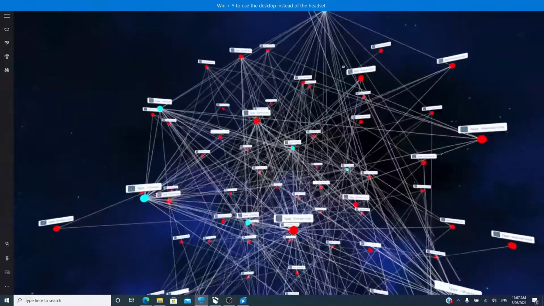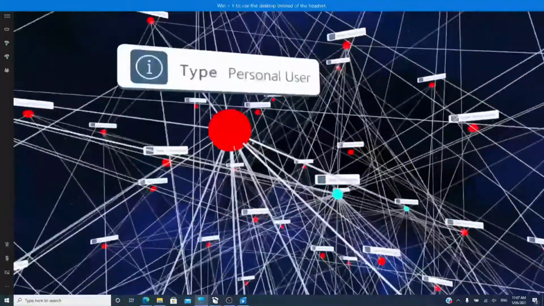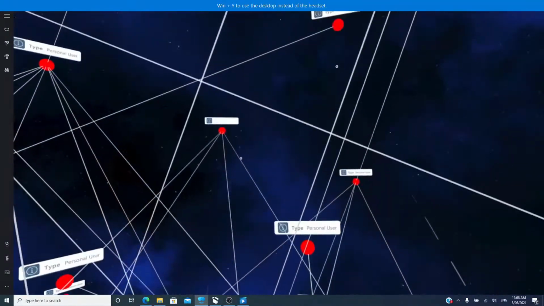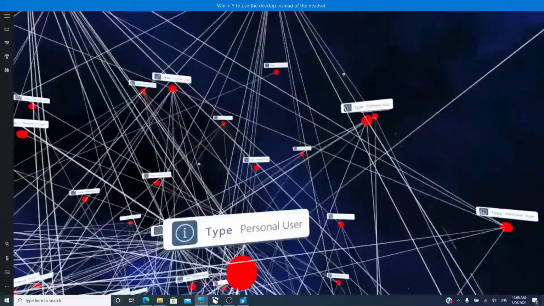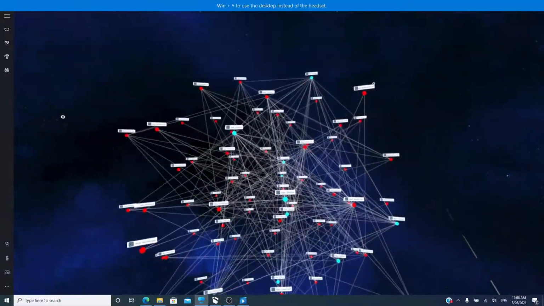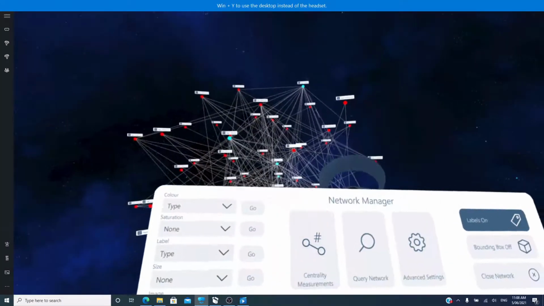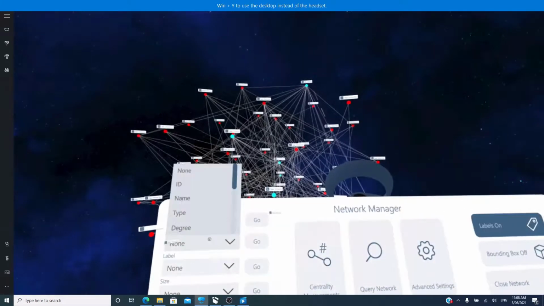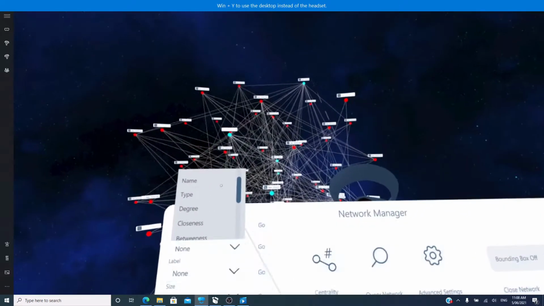The blue color is used for influencers, and the red color for other network members. We want to find the most influential people in a social network. We can use measurements of network centrality to make such decisions. Those measurements typically refer to degree, closeness, and betweenness.